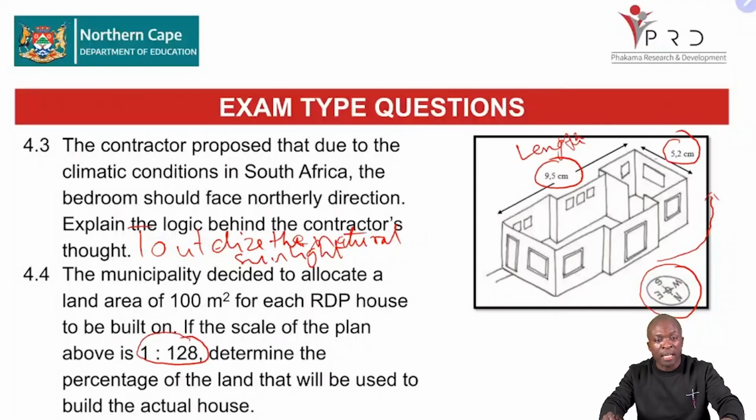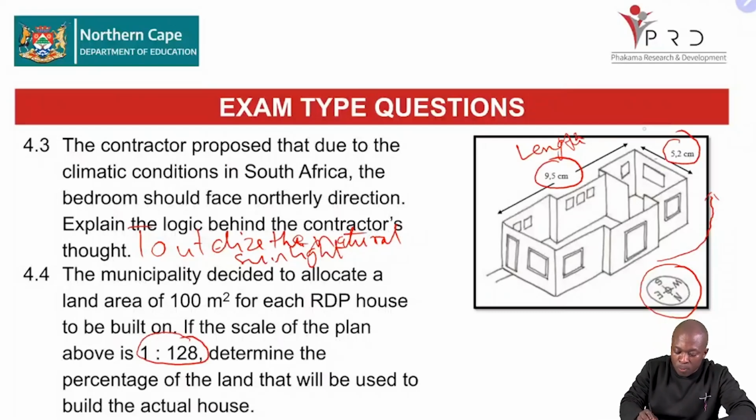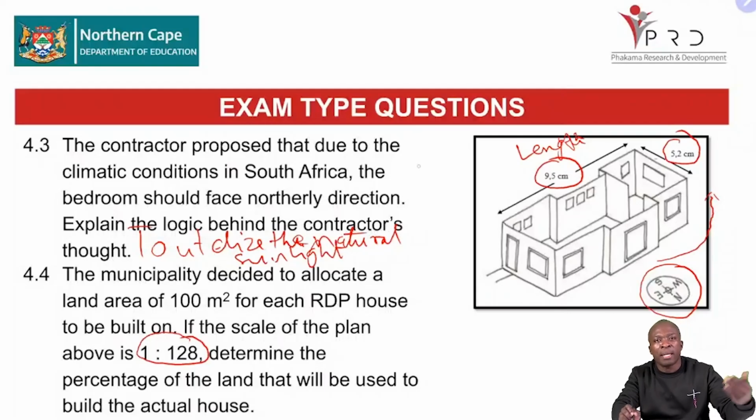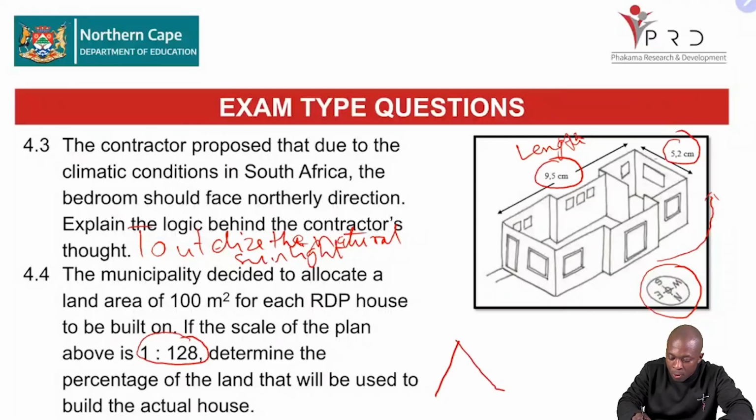Use the scale to find the real measurement. The width, you do the same. So let us start. We have been given 9.5 centimeters. Remember, in our previous questions, I explained to you what you must do. Draw your diagram. You have your AD, divide here, you have your MD, then you have your SF.